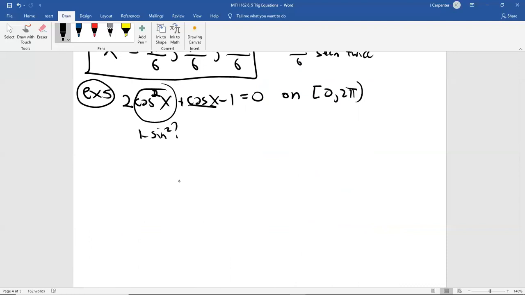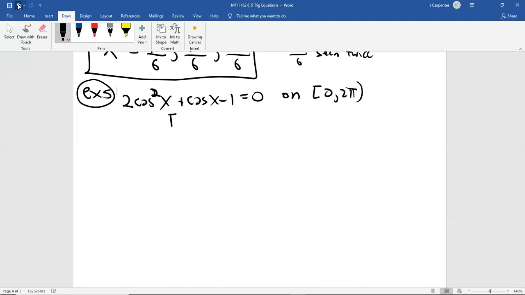If this was a sine, I would say yes, do that. If this term was also a sine, I would say to do that, so that you would have everything in terms of just one trig function. However, we're already in terms of one trig function, so Pythagorean might not actually help us.